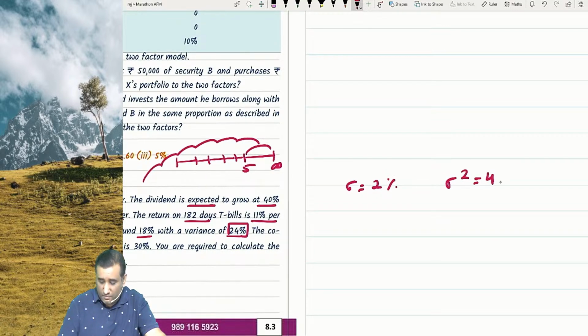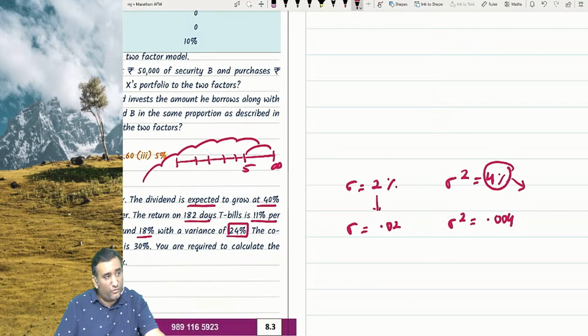Let me put 4%. Let's suppose, by chance, you put this in point terms, 0.02, right? Then put standard deviation square, 0.02 into 0.02. How much? 0.0004.